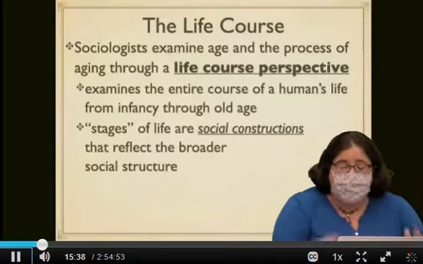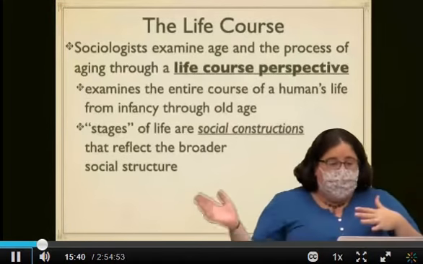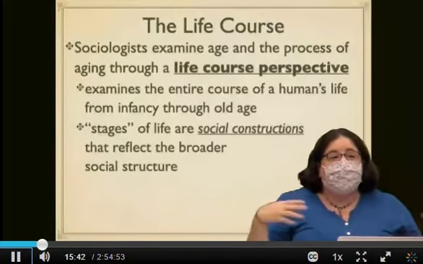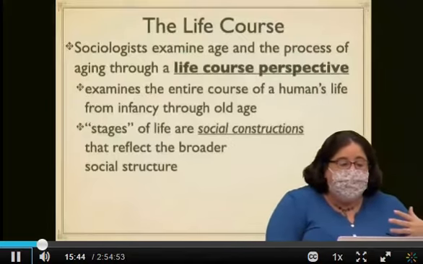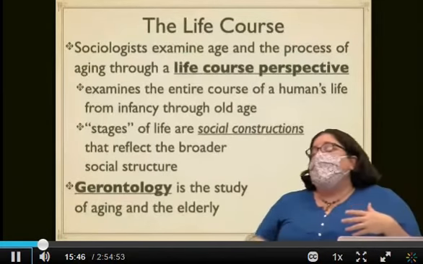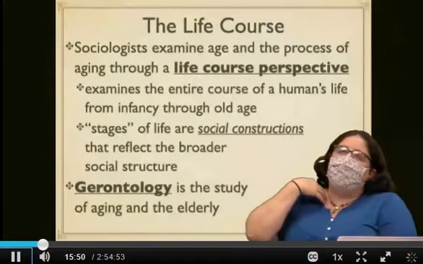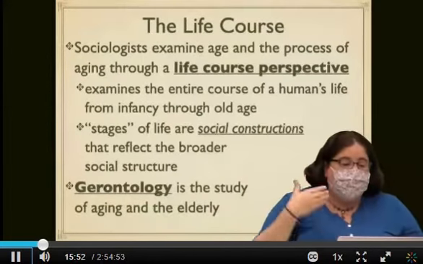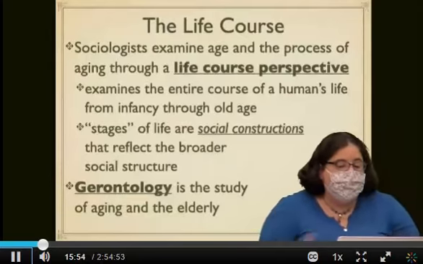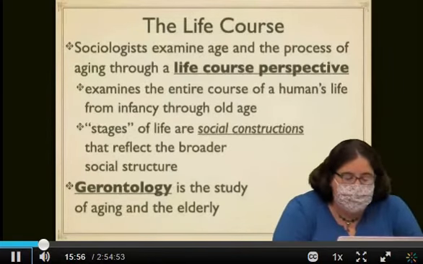That being said, as I mentioned, the very young and the very old tend to be the categories we focus on with aging in the life course, and specifically with aging in the elderly, the scientific study of that is called gerontology. Gerontology.